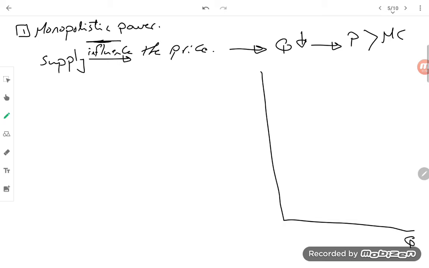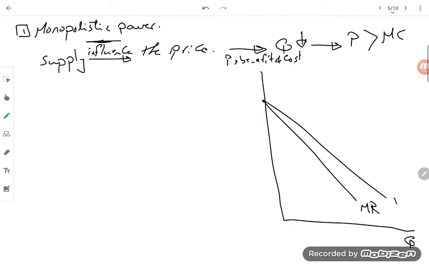This is the quantity and this is price, benefit, and cost. This is the marginal revenue curve. And this is the demand curve, which is equivalent to marginal social benefit. And this is the marginal social cost.